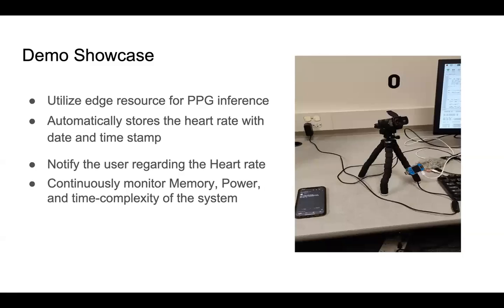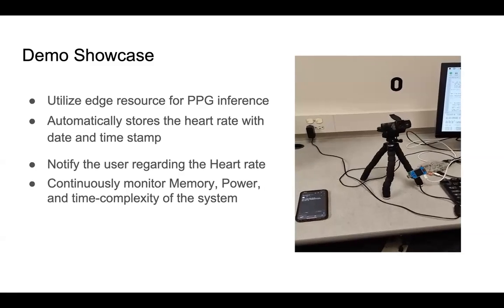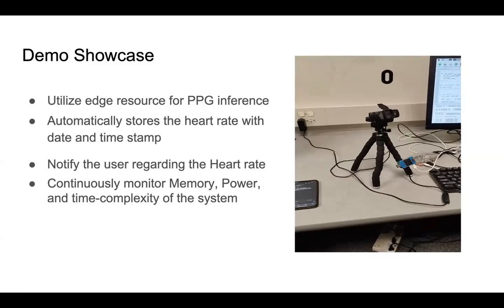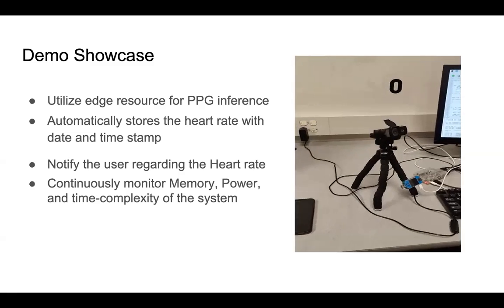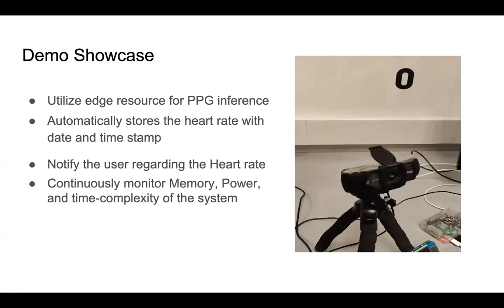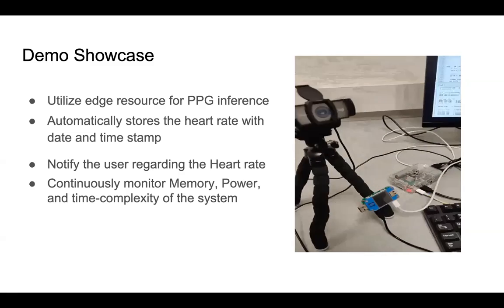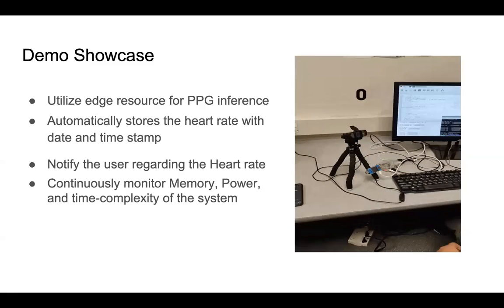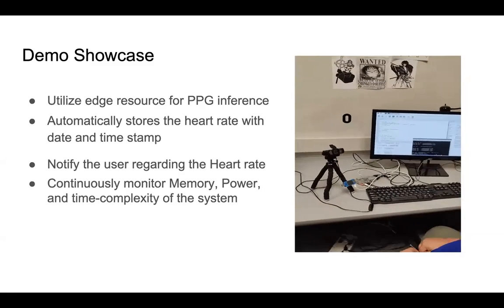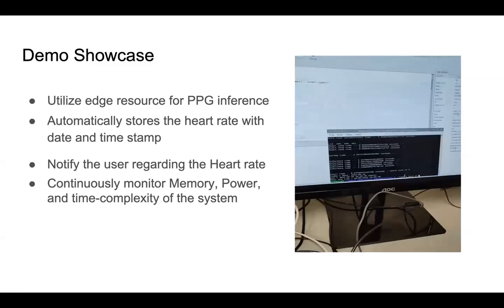And through the SendMail protocol, the captured rPPG value and all the relevant data are being sent to the user's email ID. And also you can continuously monitor memory, power and time complexity of the system through the connected devices.